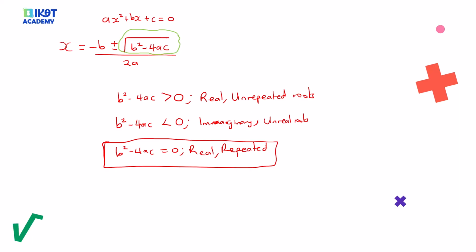If b squared minus 4ac is less than 0, we are going to have imaginary unreal roots. What do I mean by this? If a number is less than 0, that means it's a negative. So it's like we have square root of negative 4. So here we don't get real roots, we get imaginary roots. But now if b squared minus 4ac is equals to 0, we get real repeated roots, and this is a condition that we should all walk away with. B squared minus 4ac is equals to 0, we get real repeated roots.